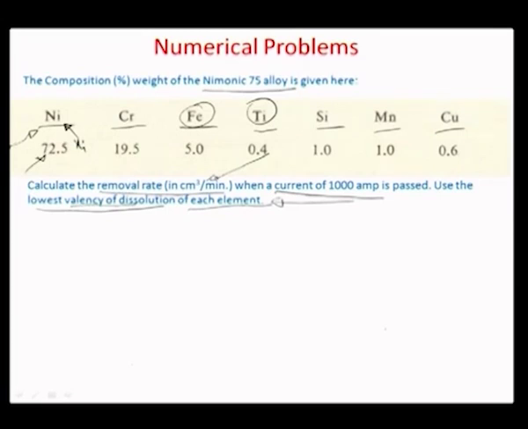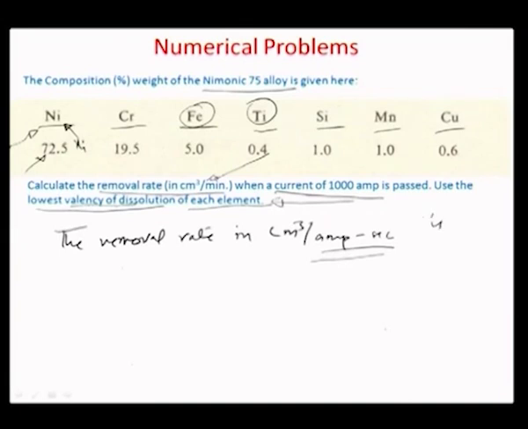The first thing that comes to our mind is what the material removal rate of an alloying system would be, as we just about derived and found out in the last one or two slides, in centimeter cube per unit charge, per second.